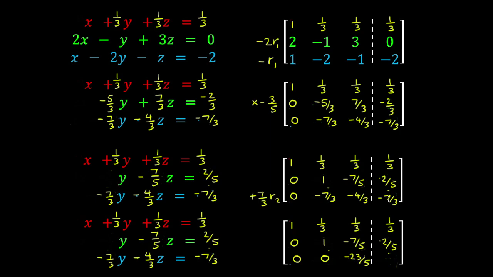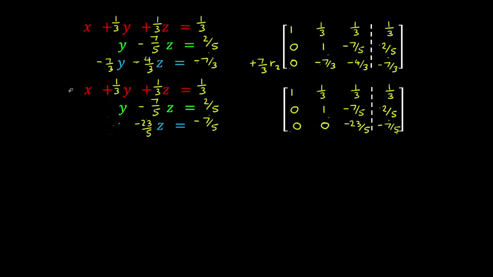And then minus 7/3 plus 7/3 by 2/5, which will get you minus 7/5. So now in the third equation, y disappears, and the coefficient of z becomes minus 23 on 5. And on the right hand side, we have minus 7 on 5. So copying the result.